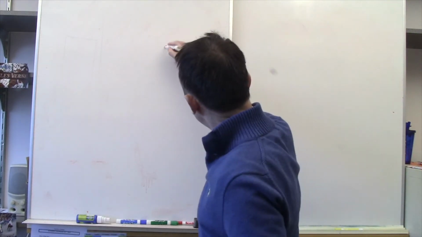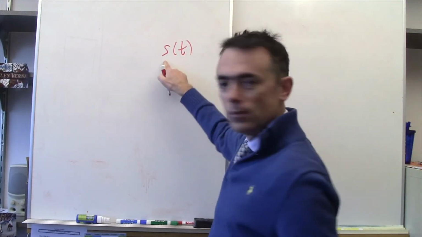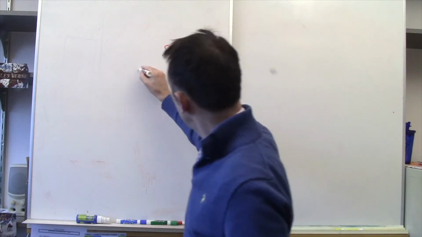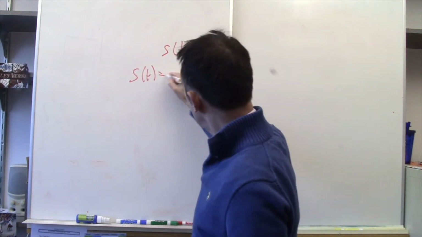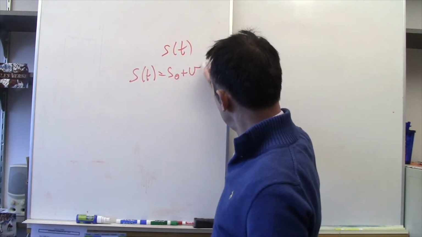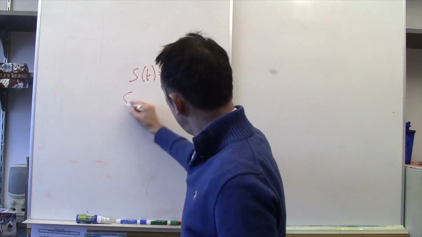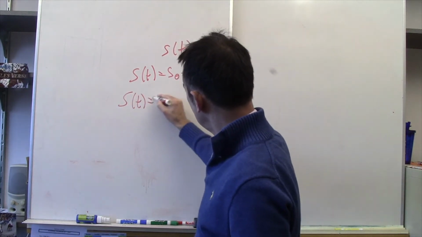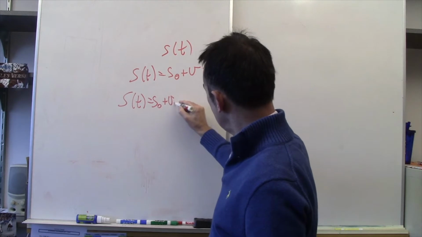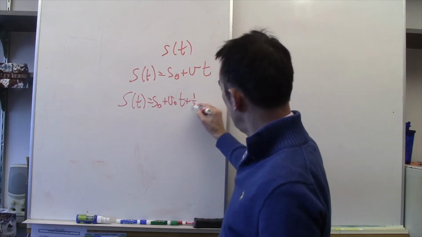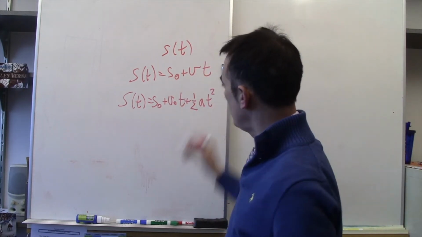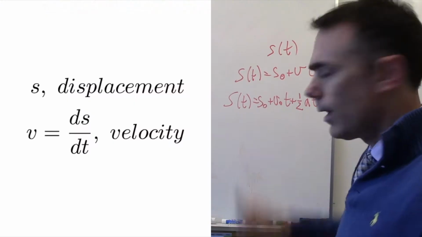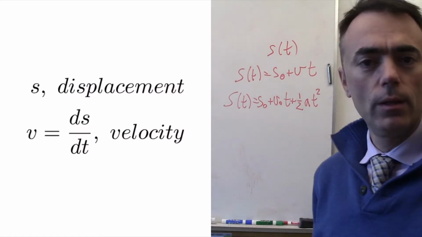So, if this is the displacement or the distance versus time, we would write s of t equals s naught plus vt, and s of t equals s naught plus v0t plus 1/2 a t squared, where s is the displacement and v is the velocity.